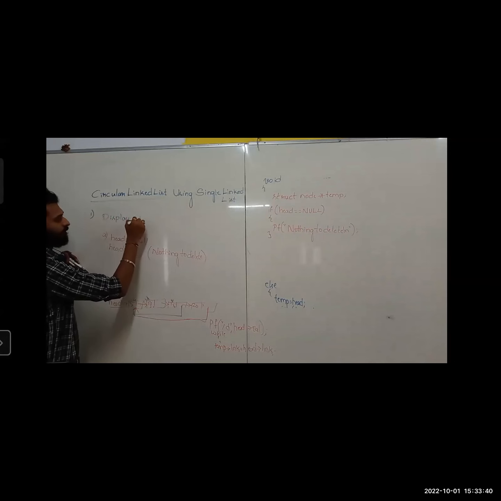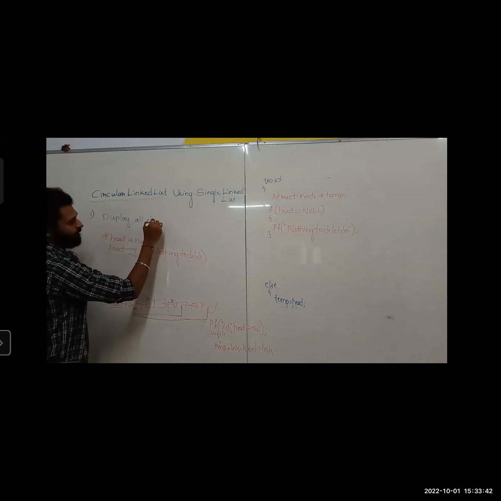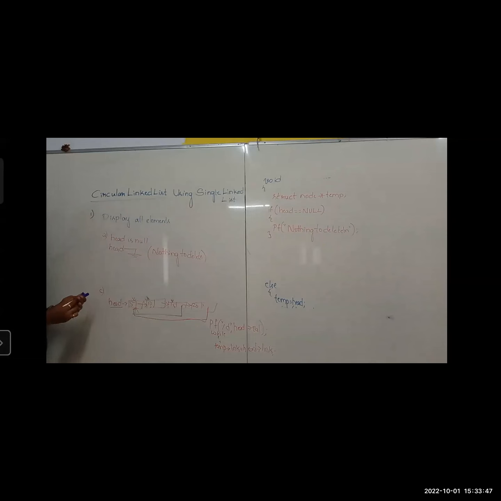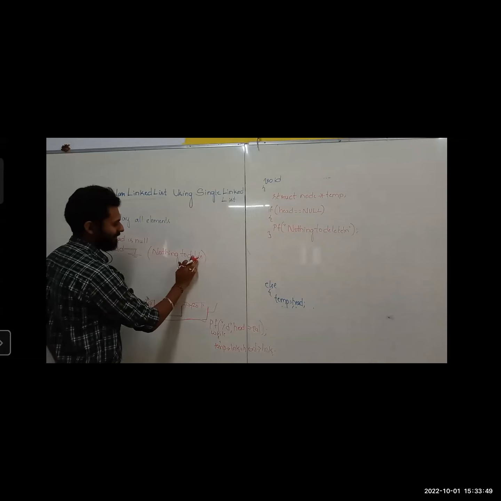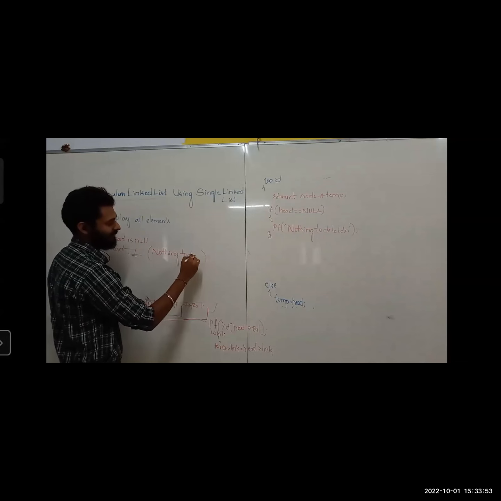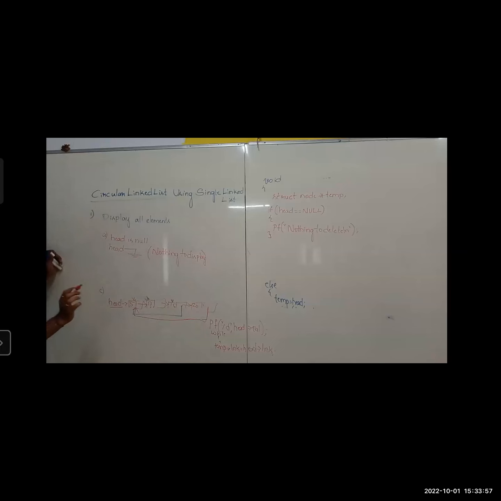Display all values of all nodes. If it is null, nothing to display. I don't want to write it completely. Okay, I'm done. So next case is B.